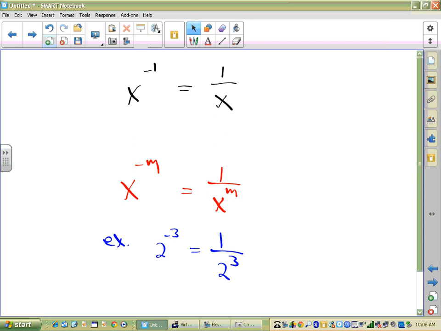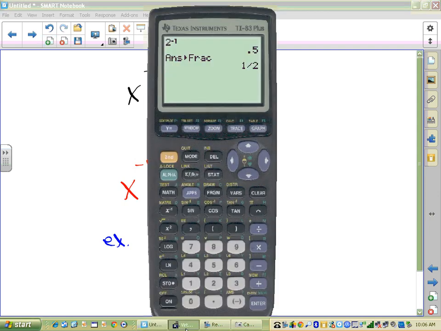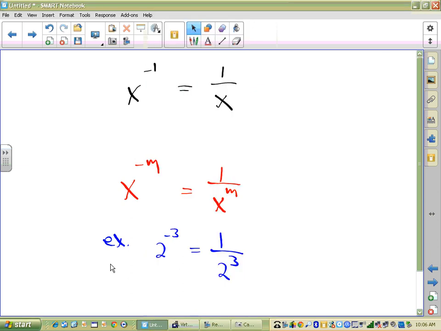Once you invert that number, the negative sign on that exponent goes away. So 2 to the exponent negative 3 is 0.125, which is 1 over 2 cubed, or 1/8.